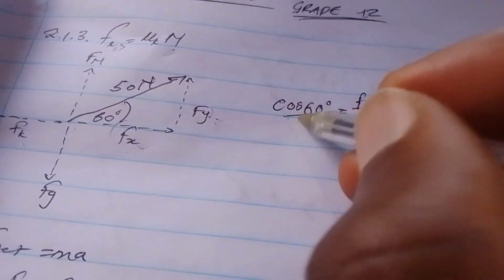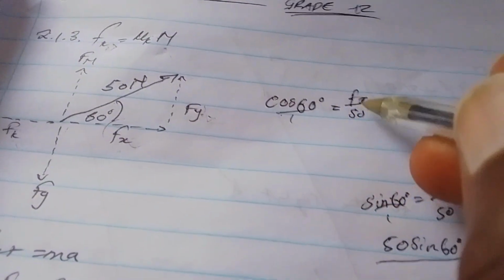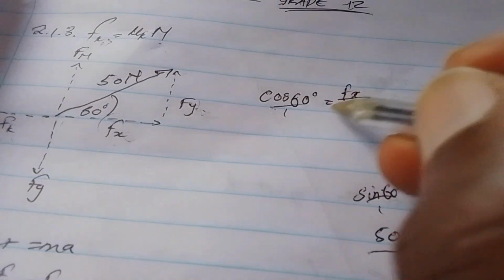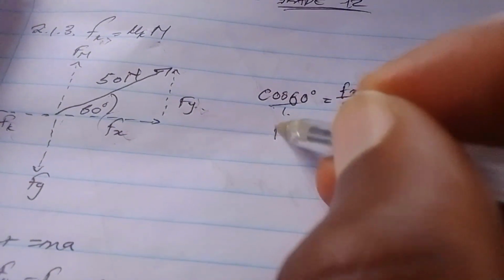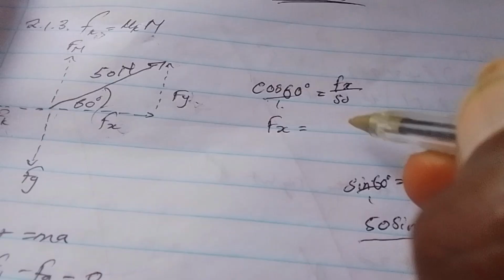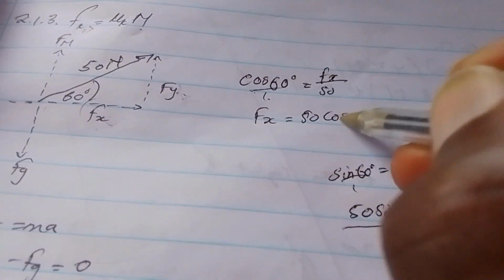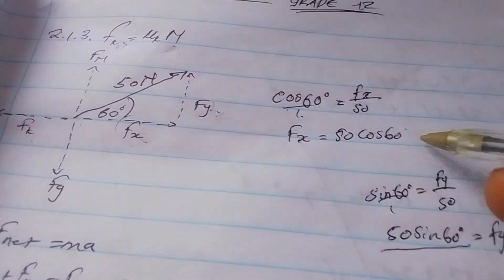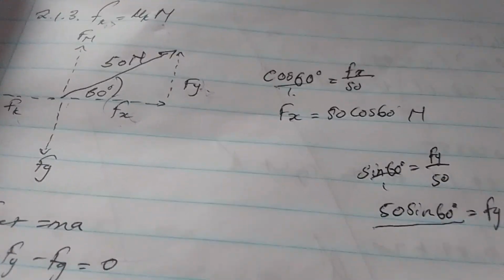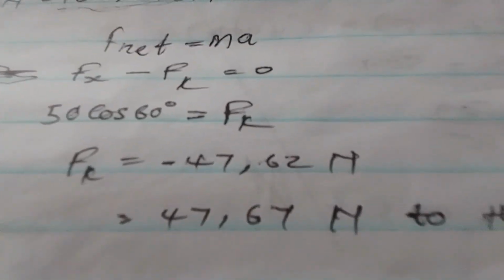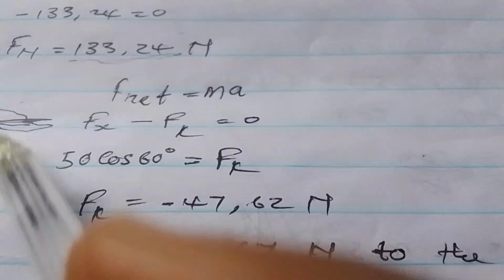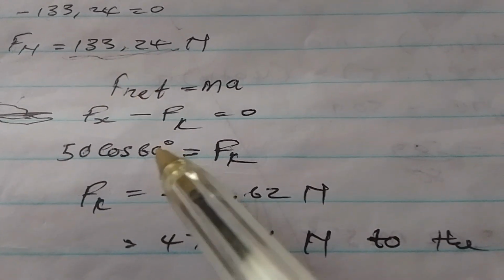Let's do the cross multiplication so that we can find our Fx. Fx is equal to 50 cos 60. We already have the value of Fx. So let's apply that here.